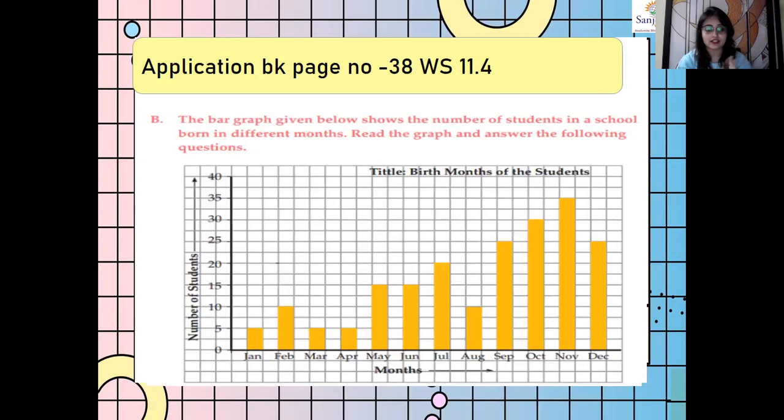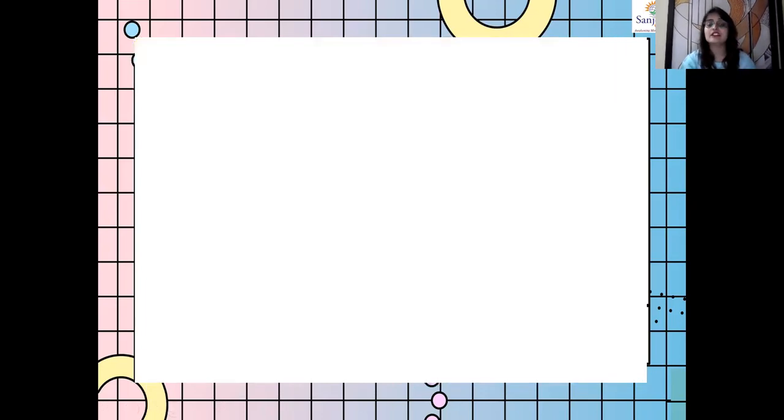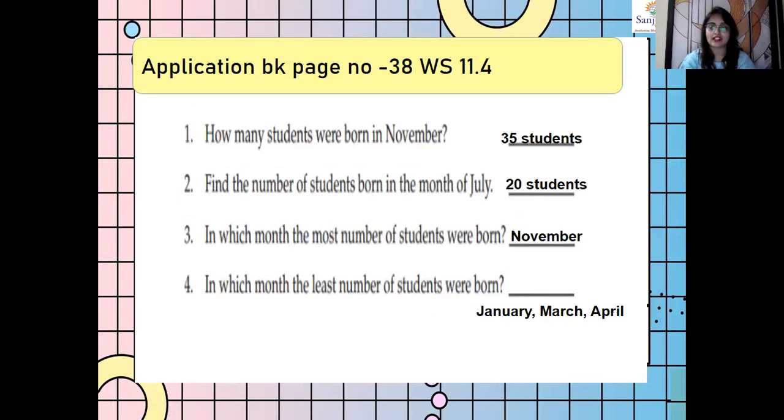There are 3 months in which 5 students were born. That is January, March, and April. So you will write all 3 months, because in those months the least number of students were born. Again, children, you can write this worksheet in your application book page number 38. I hope you have understood this.